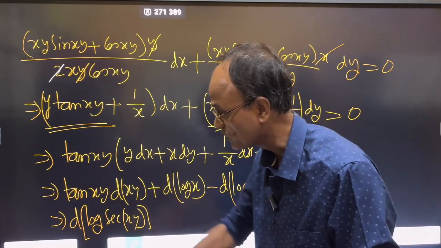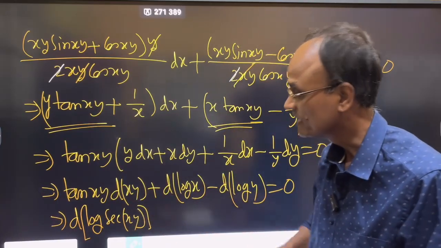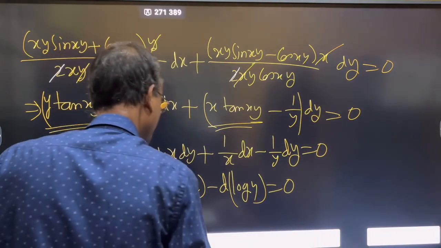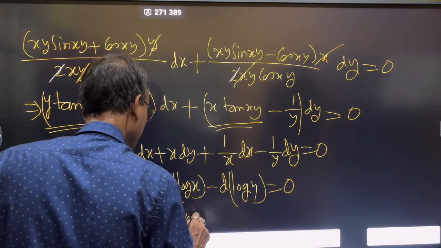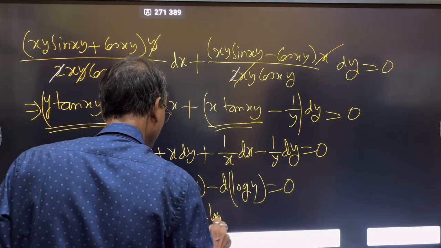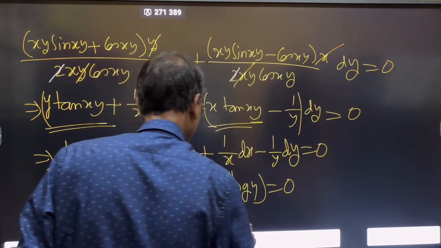Sec xy will be cancelled, leaving tan xy and d of xy. You may write it like this, plus d of log x minus log y equal to 0.